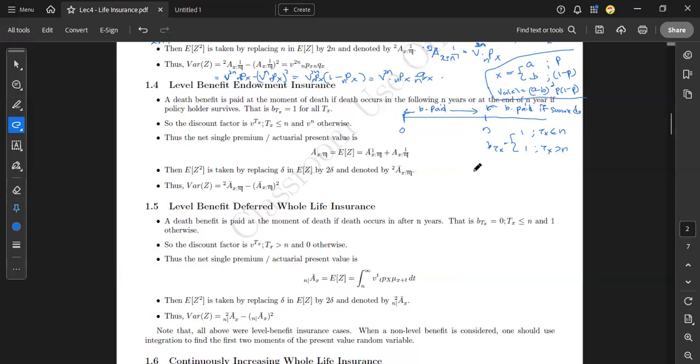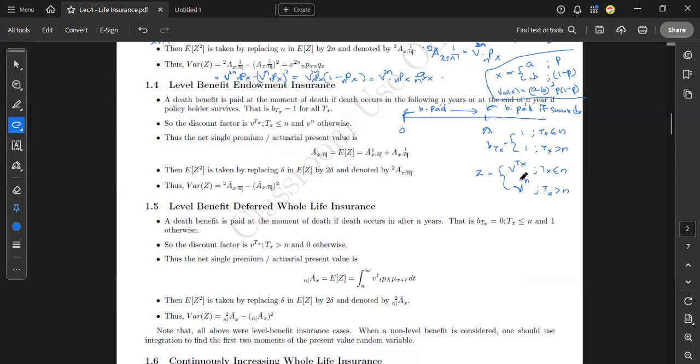And for the present value, since we don't know the actual time of death in between 0 and n, it is v^Tx, but we know that the survival time point is n, and we don't want the actual death time beyond n. So then the benefit is paid, and the present value of that benefit is v^n.